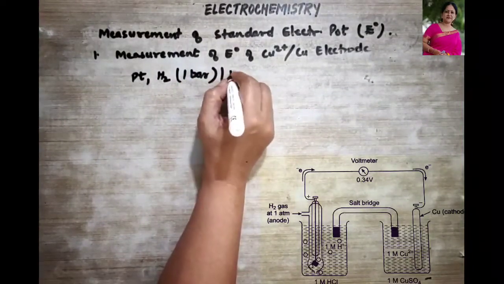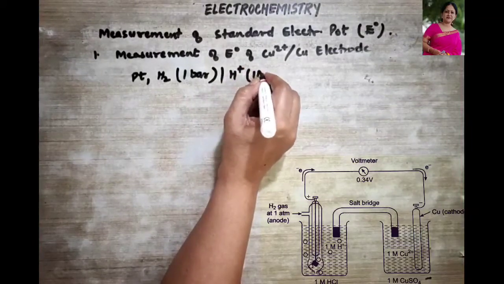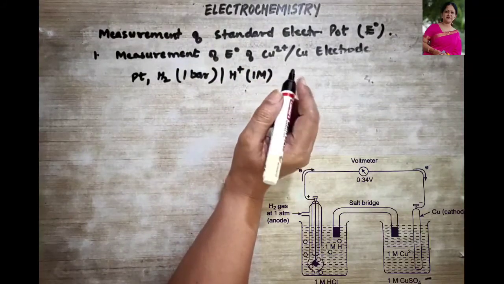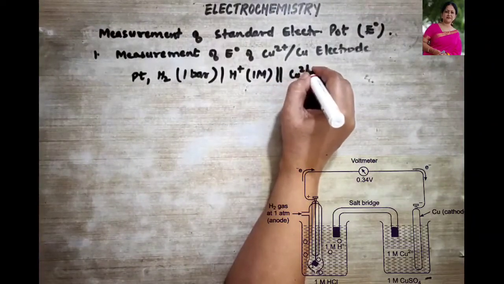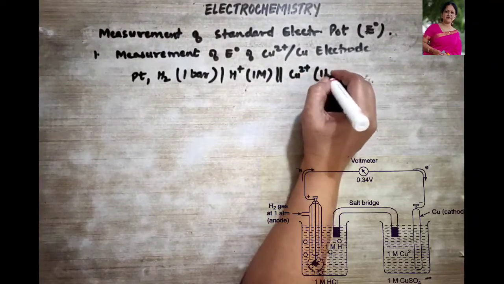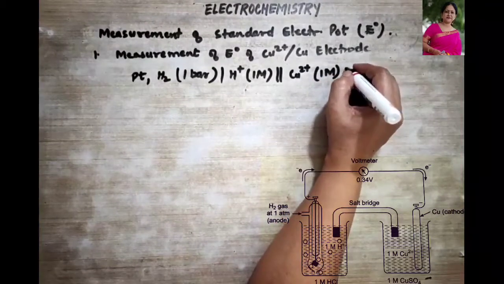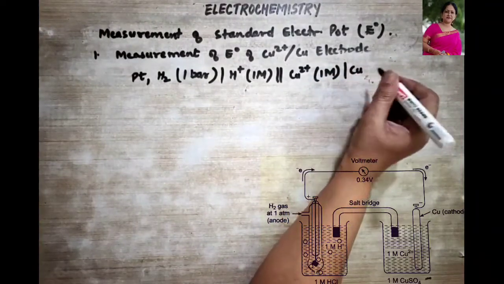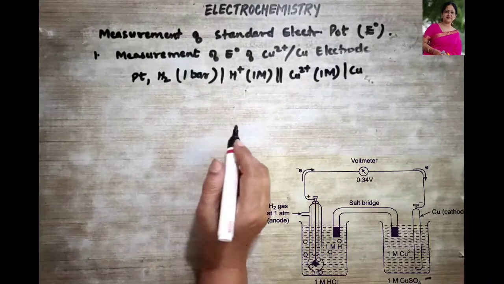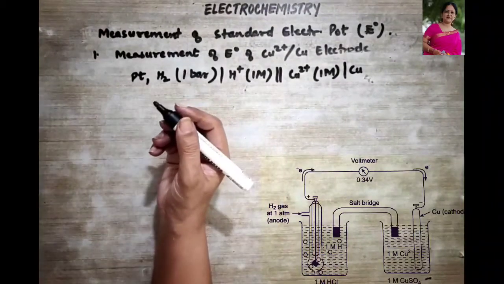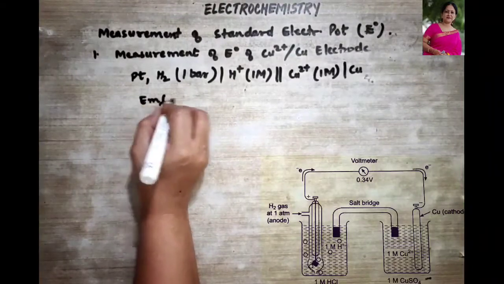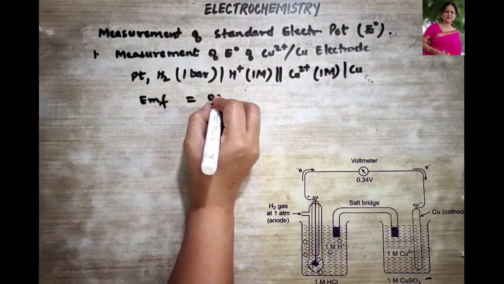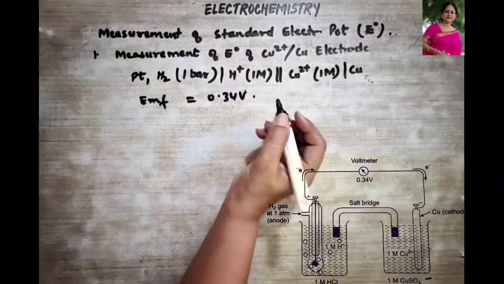And the hydrogen ion concentration is 1 M. Copper ion solution changing to copper metal, right? So the EMF of the cell has been measured. How much? EMF has been measured as 0.34 volts.